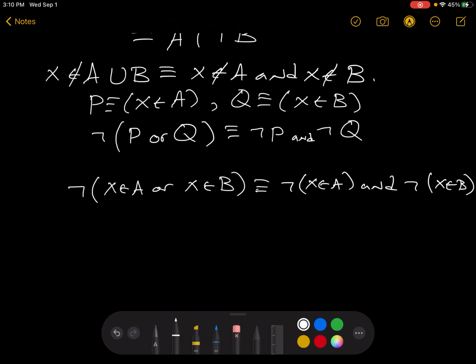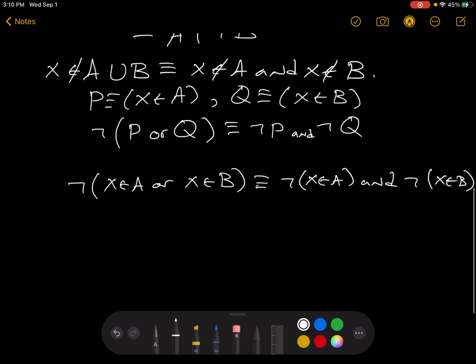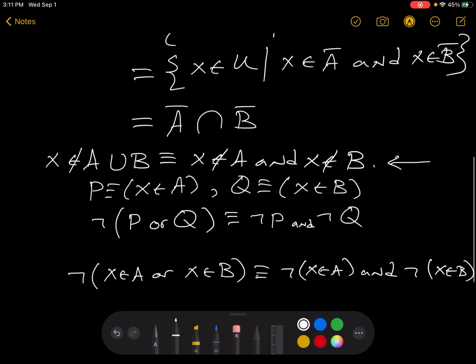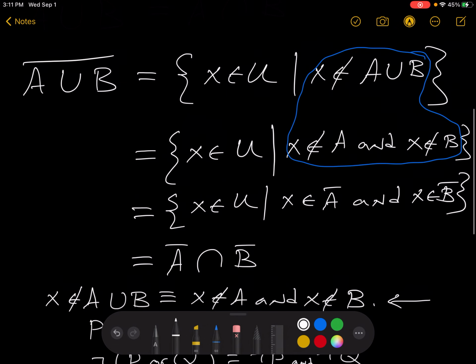So now, remember what we were trying to show here, that these were equivalent statements. Because this is where De Morgan's law is used, in this thing I have above here, where I had in blue.